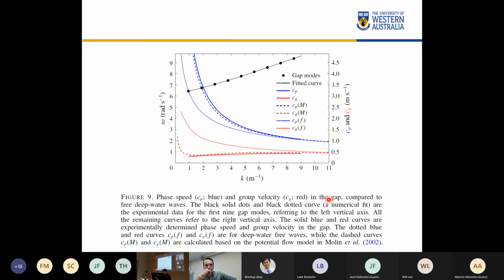And that is something quite interesting. The reason for that is the added mass of the resonance. Essentially, the energy exchange between the water inside of the gap and also the water underneath of the vessel. That is the physical explanation for that.